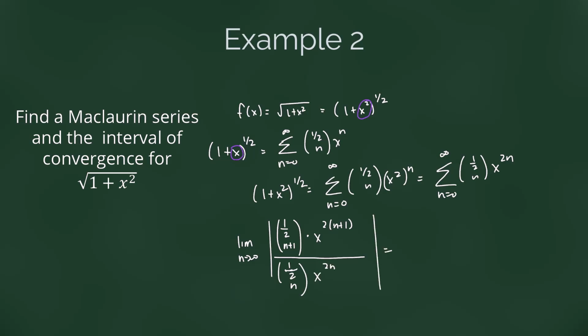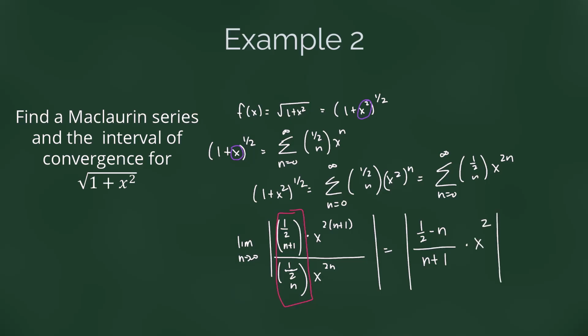We saw before that this piece right here, 1/2 choose n plus 1 divided by 1/2 choose n, is going to be equal to (1/2 minus n) over (n plus 1). And then we have times x squared.